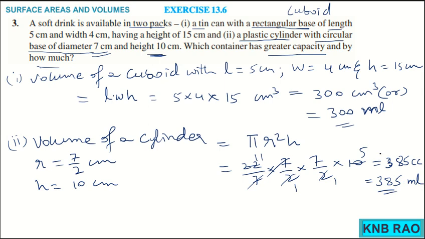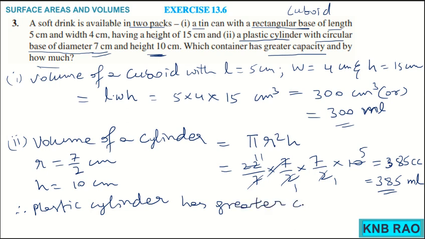Okay, now which is having more? Obviously cylinder is having more. We will write that same conclusion. Therefore the plastic cylinder has greater capacity than that rectangular base tin can, and by how much?